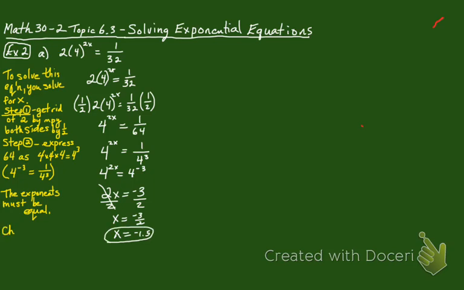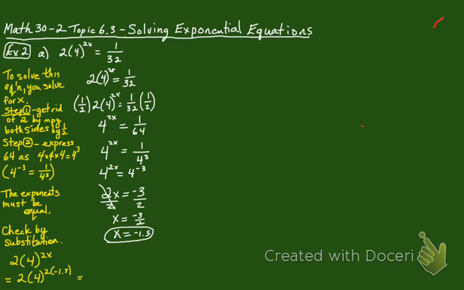It's important that we verify that to make sure we get the right answer. So we can check by substitution. 2 times 4 to the power of 2x is 2 times 4 to the power of 2 times negative 1.5.